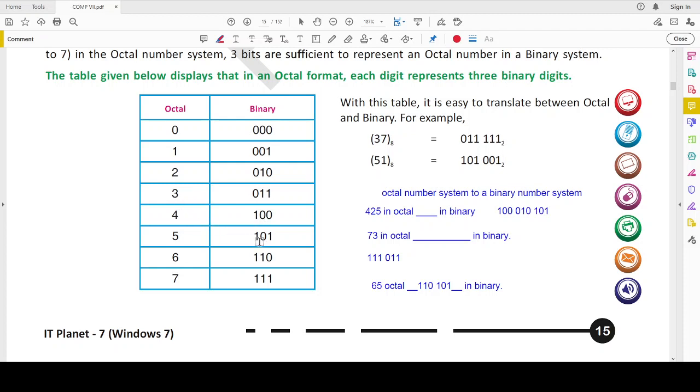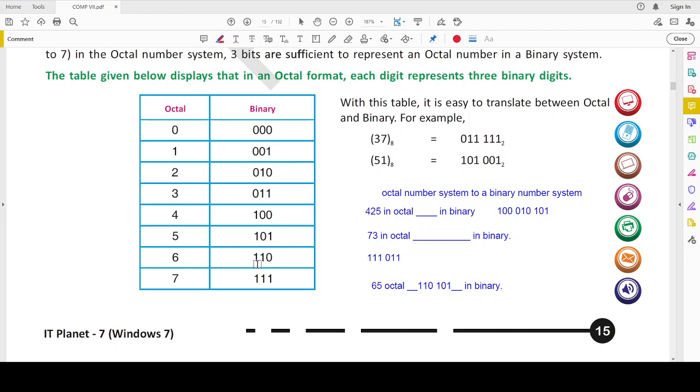Again you see 1 into 2 to the power 2, it is 4 plus 1 into 2 to the power 0, it is 1. Anything to the power 0 is 1. 1 into 1, 1, and 2 to the power 2, 4. 4 plus 1, it is 5.